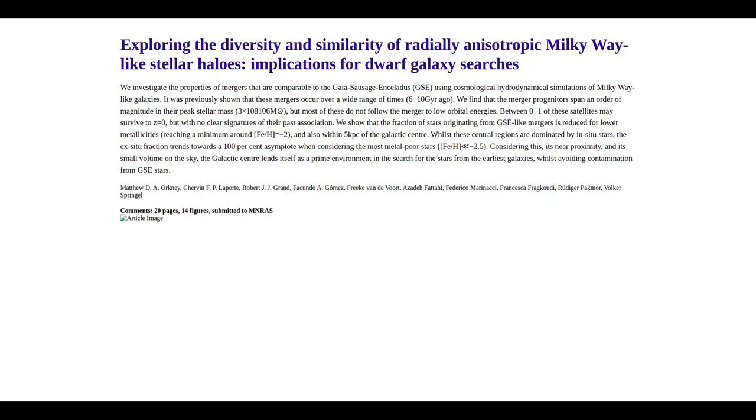It was previously shown that these mergers occur over a wide range of times. We find that the merger progenitors span an order of magnitude in their peak stellar mass and include both rotation and pressure-supported galaxies. In a minority of cases, the GSE-like debris is comprised of stars from more than one merger progenitor.